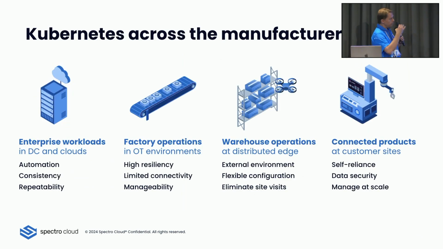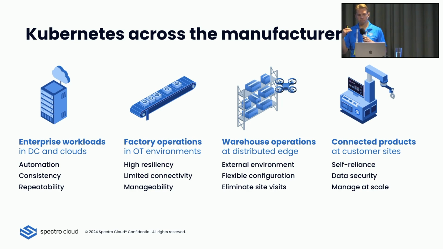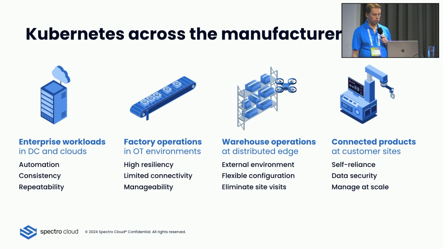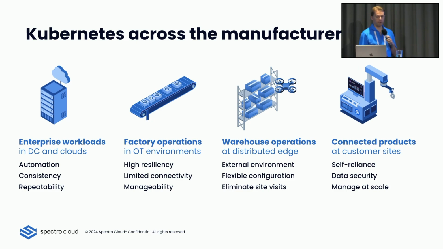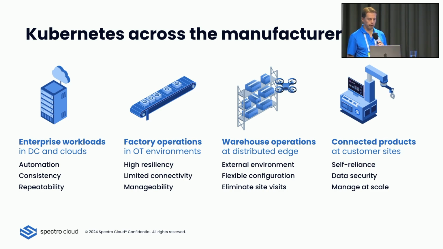So these are the main environments related to manufacturing, where we see Kubernetes being used in some way, shape, or form. It starts from more directly in the enterprise data center that is remotely controlling manufacturing environments.